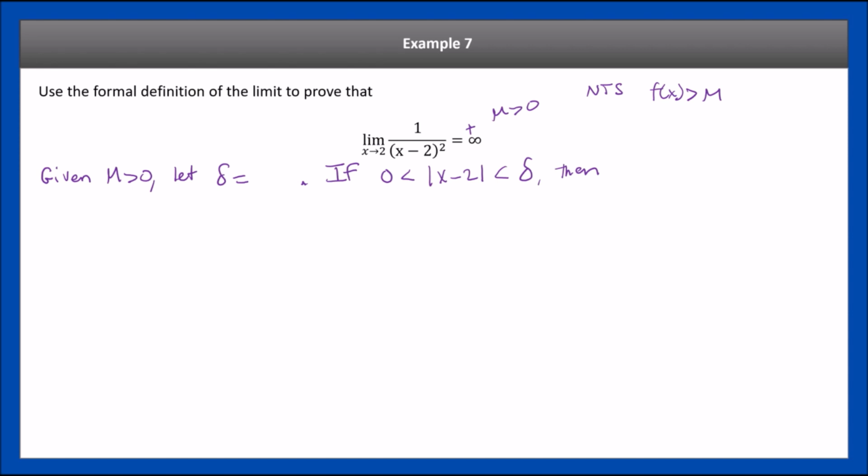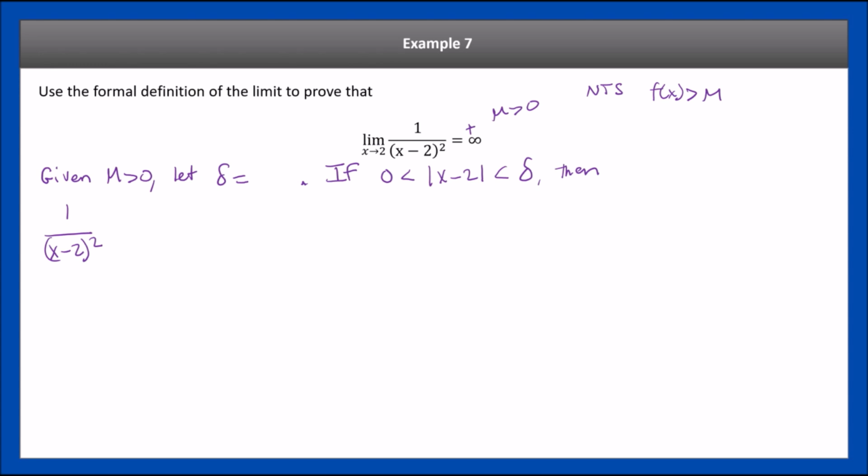Now f of x is 1 over (x minus 2) squared. Notice that we have an x minus 2 already, so we can take advantage of that fact. But it's absolute value, and we don't have an absolute value in this function.